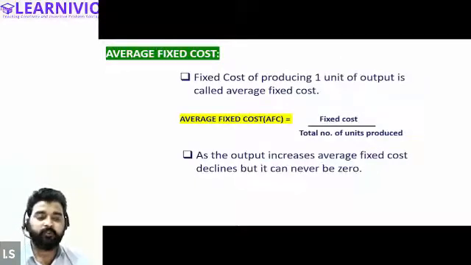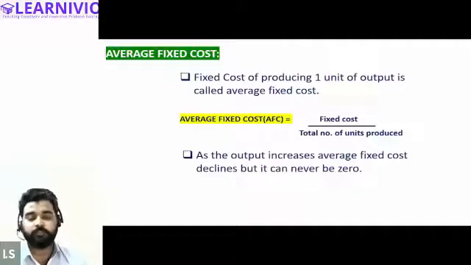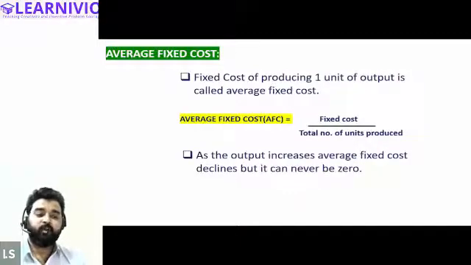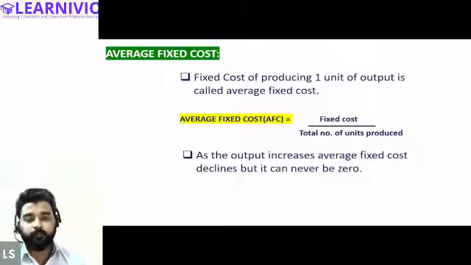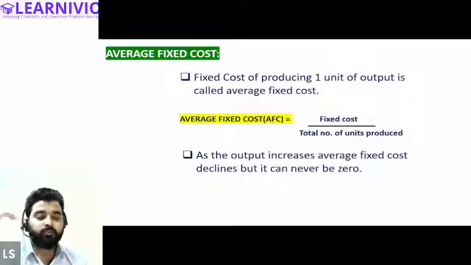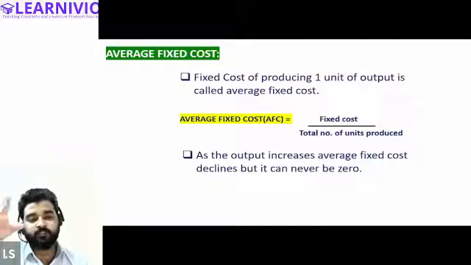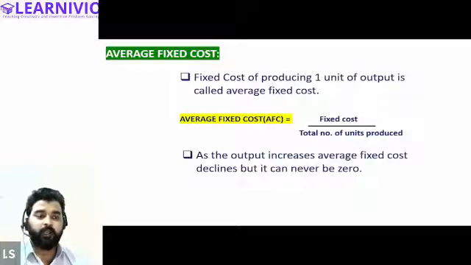Average fixed cost is always calculated on the basis of fixed cost, and fixed cost will always be some positive value. As we have already understood, fixed cost always remains constant. That means even if you increase the production, let's say the fixed cost is only 100, and you continue to increase the production from 100 to 200, 1000, 50,000, 1 lakh, whatever the value of the output is, fixed cost is going to remain constant.